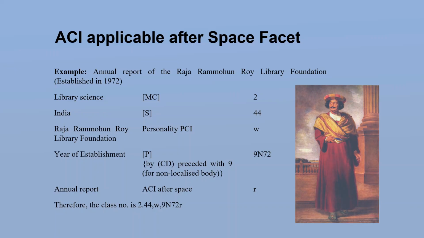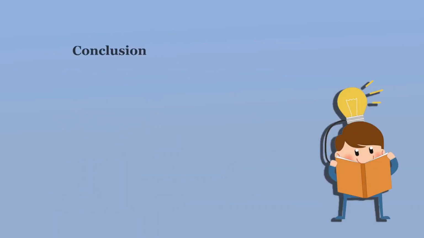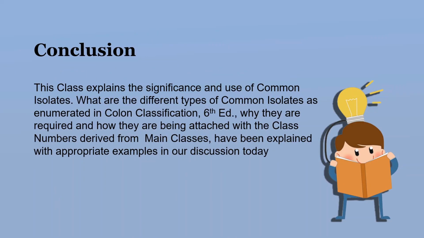So in this class we have explained the significance and use of common isolates. What are the different types of common isolates as enumerated in colon classification 6th edition, why they are required, and how they are attached with the class numbers derived from the main classes have been explained with appropriate examples in our discussion today.